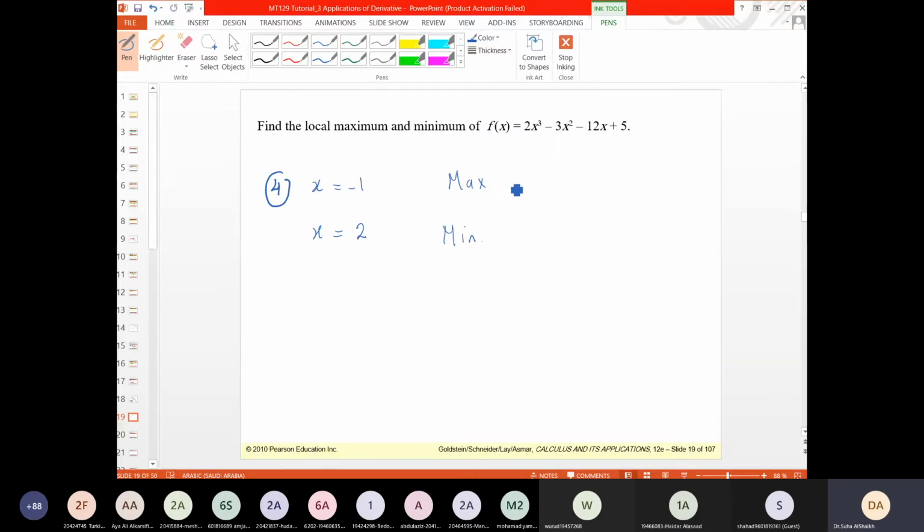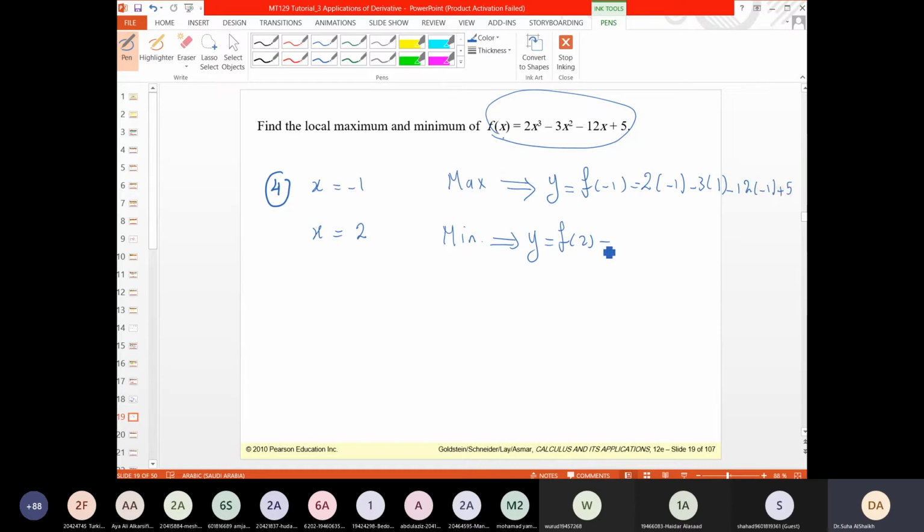Now if I'm talking about a point, I must get the y part. I need the y. What's the y? It is f at the -1. And what's the y of 2? It's y equal to f at 2. So we substitute in the original function f. At the -1, this will be 2 times -1, minus 3 times -1 squared, which is 1, minus 12 times -1, plus 5, and we get the answer.